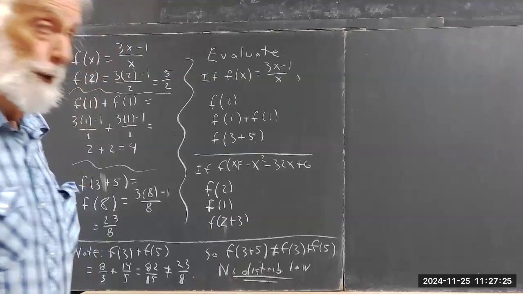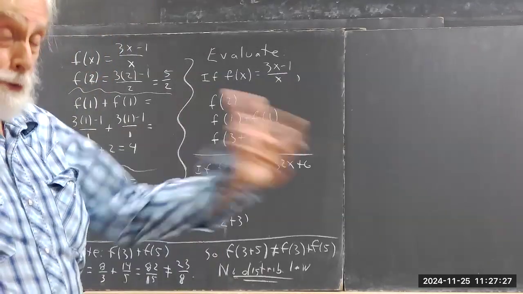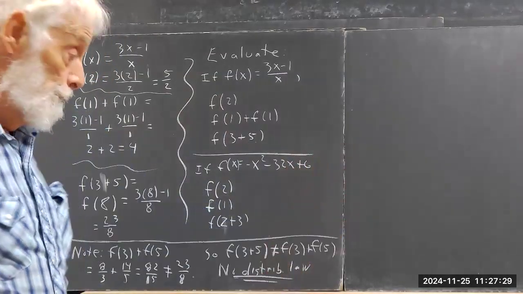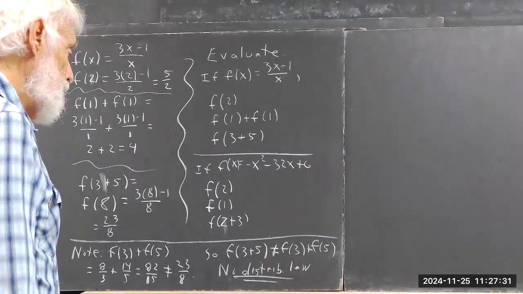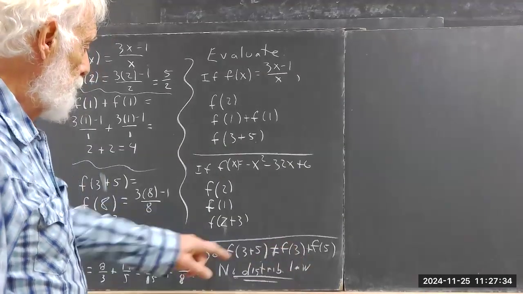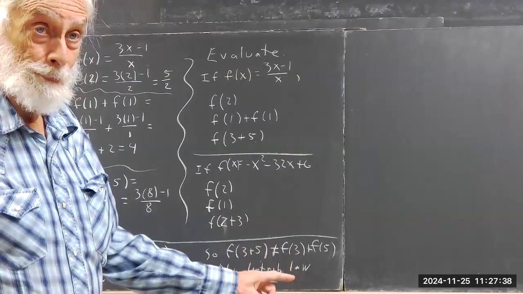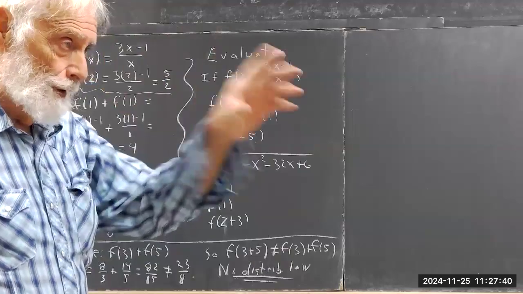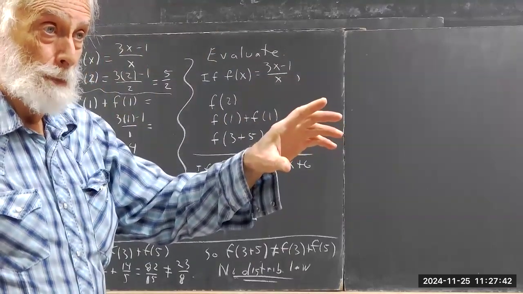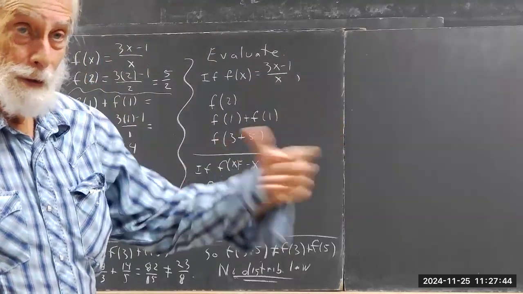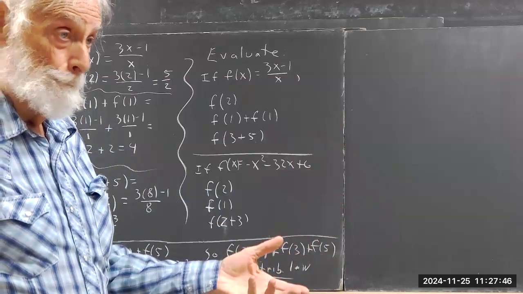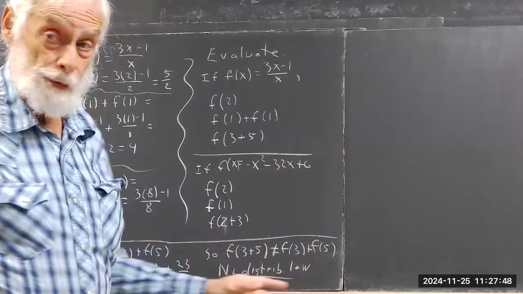This is not multiplication. It's substitution, okay? It looks a lot like multiplication, so it looks like this ought to equal this, if you are used to seeing multiplication, which you probably are, because we've done a lot with the distributive law, right? But it doesn't work that way.